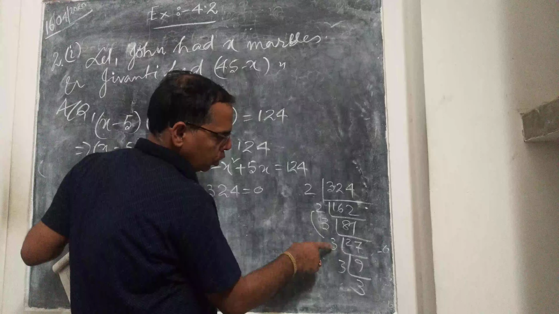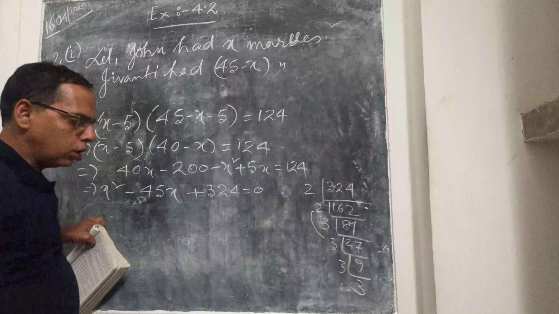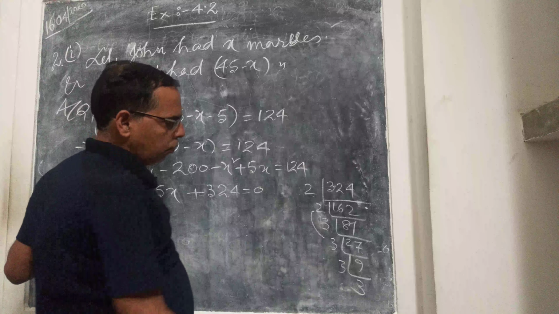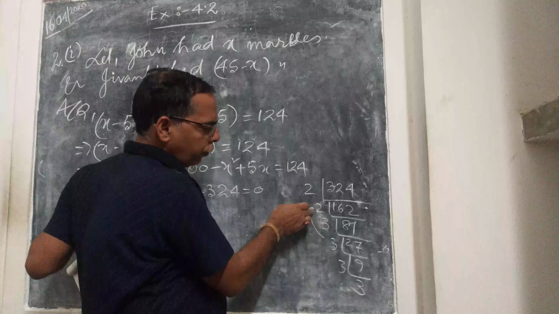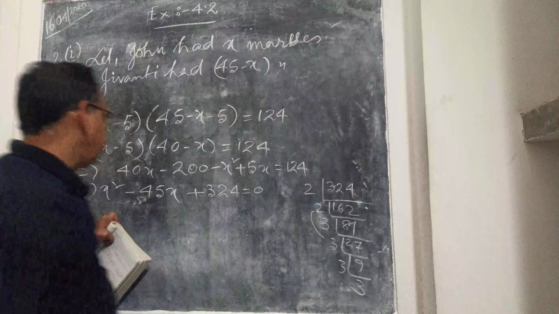Then let's see, 27 plus 12, is it possible? Not possible, no? So then what will happen? See, 9 into 36, 36 plus 9, 45.